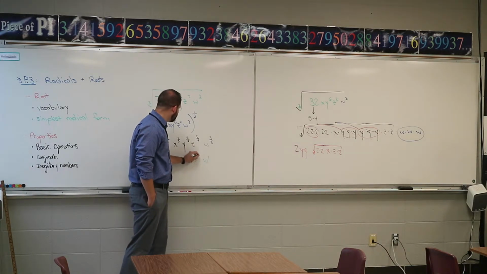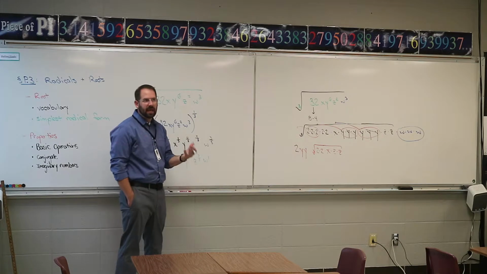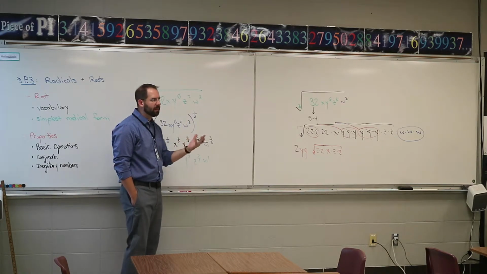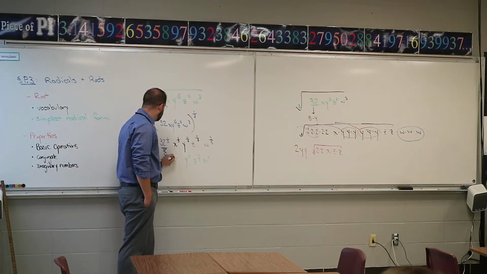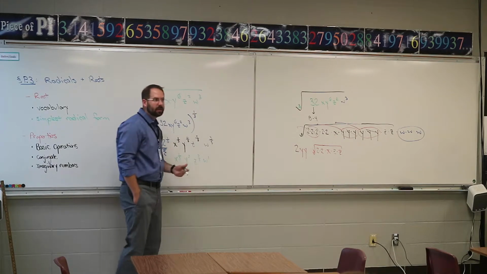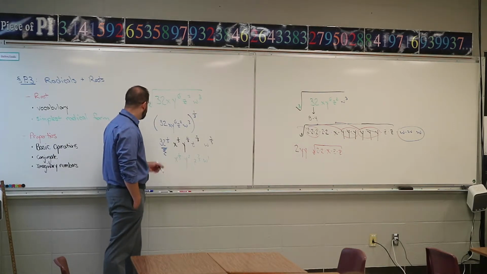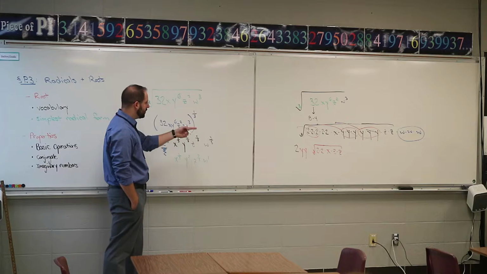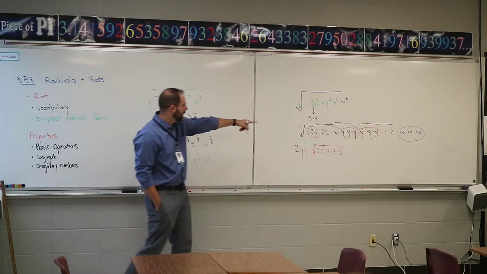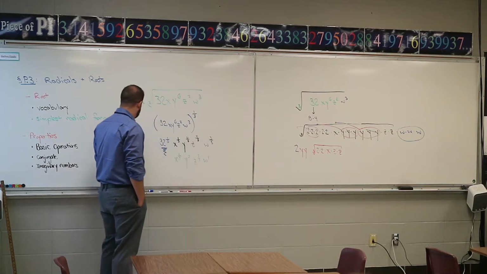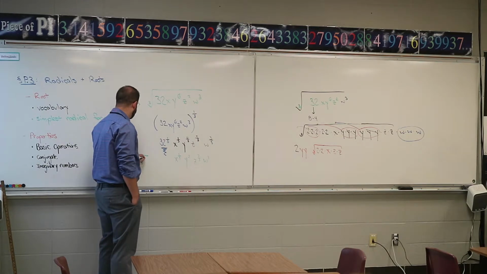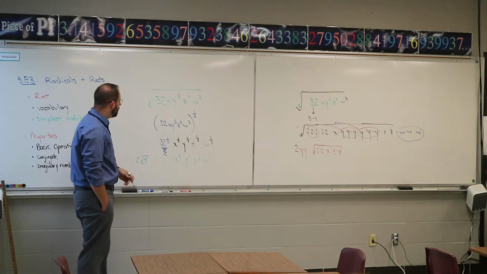Z to the 2/3, there's no way I can simplify 2/3. I can't divide 2 divided by 3, it's a weird decimal. X to the 1/3, I can't do anything with that. So that's still a fraction. And then up here, I just kick out the 2's. I would do this one the old school way where I kick out 2's, where it's 2 and a cube root of 4 on the inside, that type of thing.